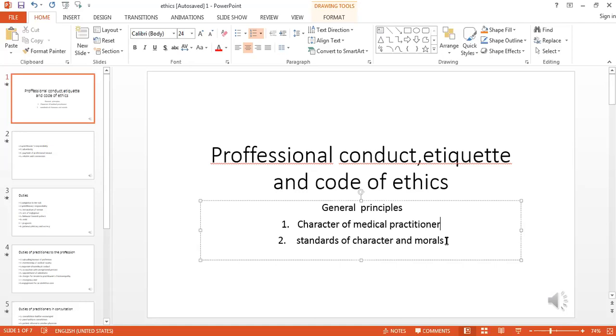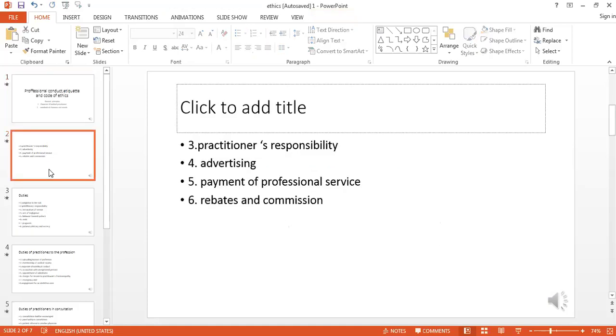So the practice of medicine requires a clear mind, vigorous hard work, and promptness, nothing else. So the physician should have certain morals. He should have the basic concept, I have to treat the patient very nicely, and then only he will get a standard character.